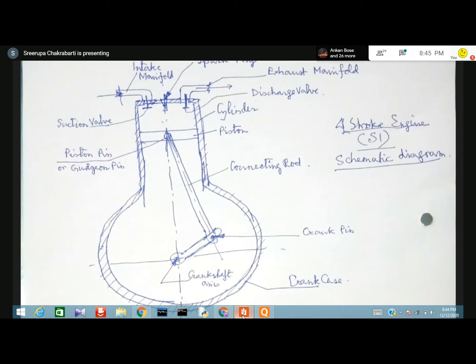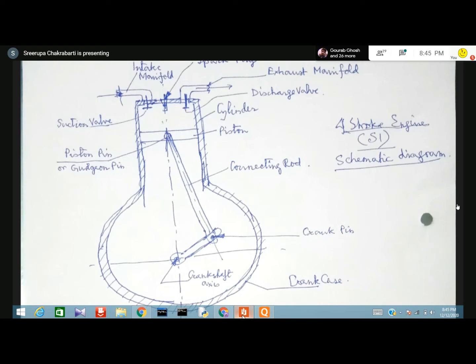At the end where the piston is there, it is connected to the piston through a pin, which is called the piston pin, also called gudgeon pin. G-U-D-G-E-O-N, gudgeon pin. So at that pin, suppose the piston is moving down, a compressive force comes along the axis of the connecting rod.